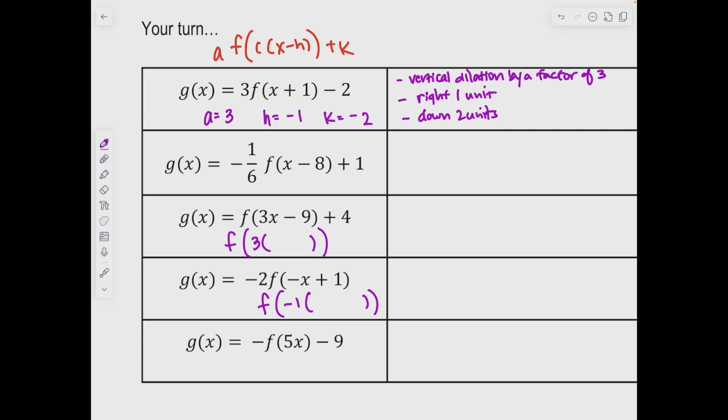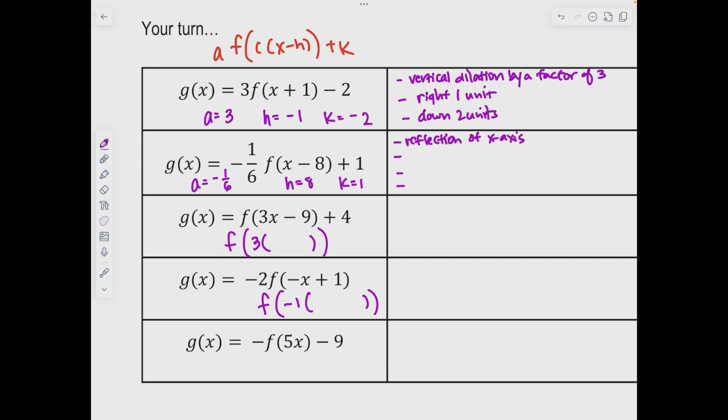Okay. Second one, I know my a value is negative 1/6. There's two things going on for that. I have h is equal to 8 and k is equal to 1. Okay, so there are two things and then two more things. Because a is negative, that is my reflection. So that is a reflection over the x-axis.